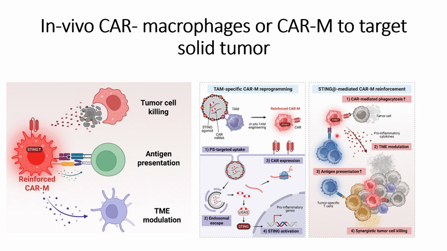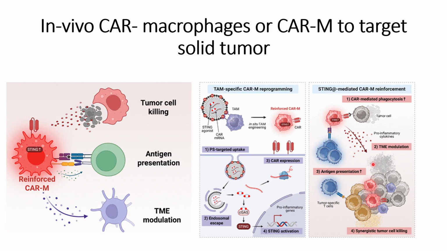The second one is that these macrophages can also act as antigen-presenting cells and provide tumor antigen information to the T cells, thereby increasing the tumor-specific T cell response. And this is called synergistic tumor cell killing, in that the tumor is killed by both the reinforced CAR-M macrophages and these activated T cells.